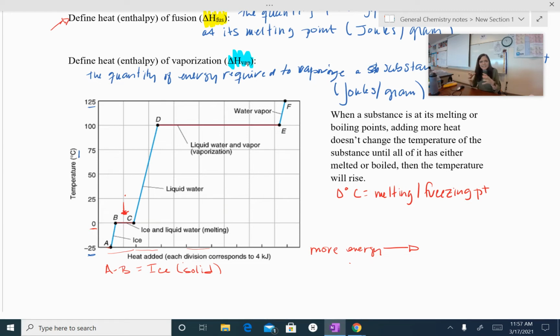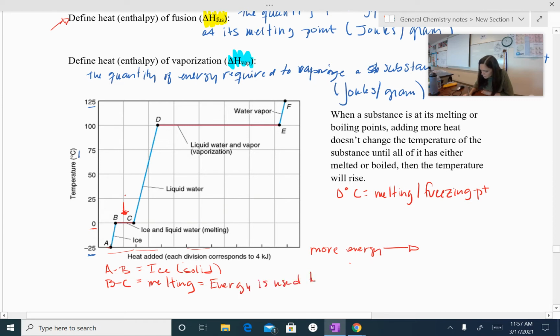So between B and C, we are melting, and the energy is used to break the crystalline structure and allow molecules to flow.